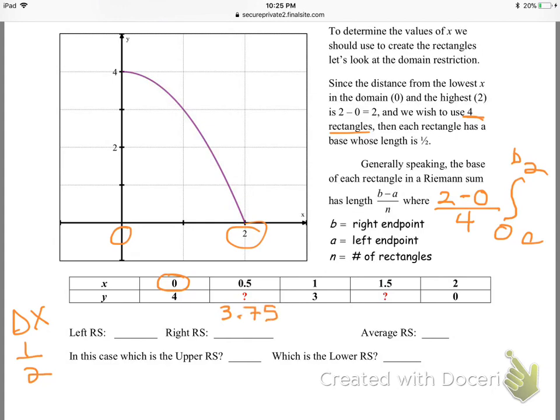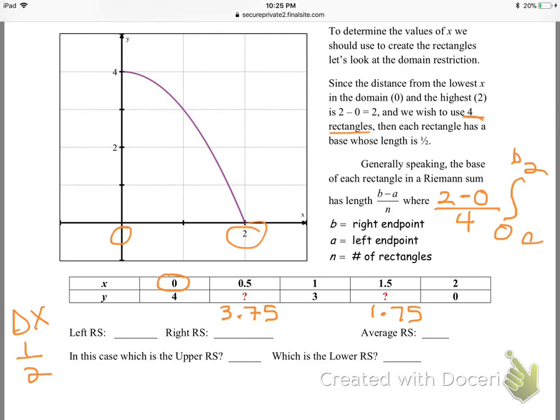Now you may need to change your mode, so to speak, off of float and onto 2 decimal places if you're not seeing 3.75. Under 1.5, I am getting 1.75. Okay, so I need these y values because they're really important to figure out my Riemann sum.